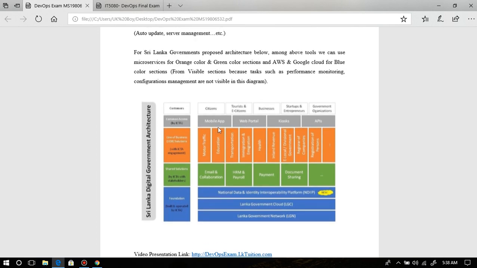According to what we have discussed, here we can find a few of them: email collaboration, HR and payroll payment, as well as the microservices of our system. Everything we cannot see here, as they are invisible and cannot be visible through the diagram.